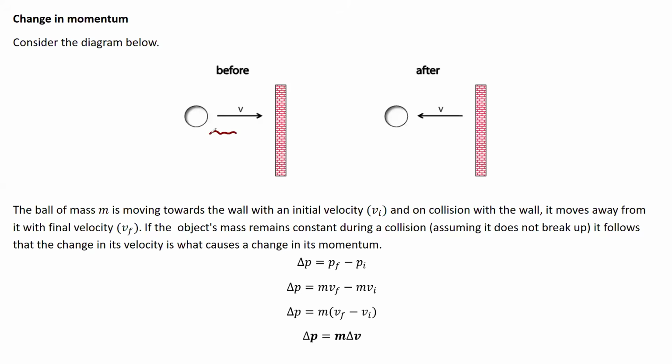It went right, boom. Then it went left, boom. After and before. This formula, the one at the bottom, the one in bold, change in momentum is mass of an object multiplied by change in velocity, is very important when you're dealing with this particular topic.